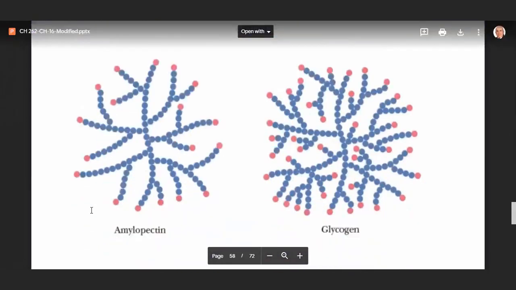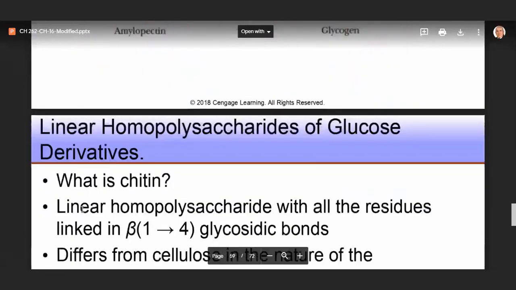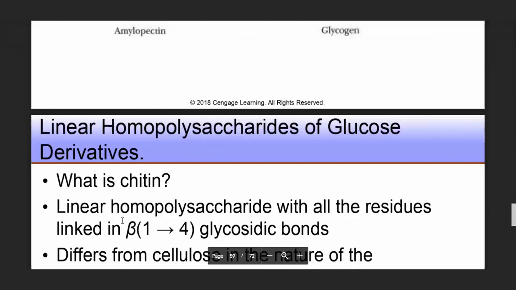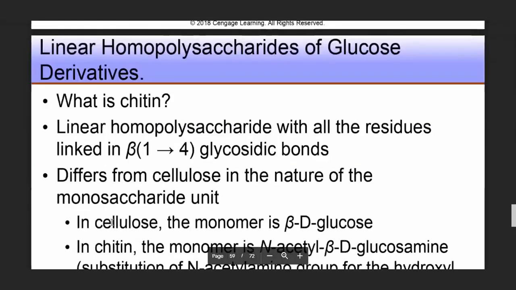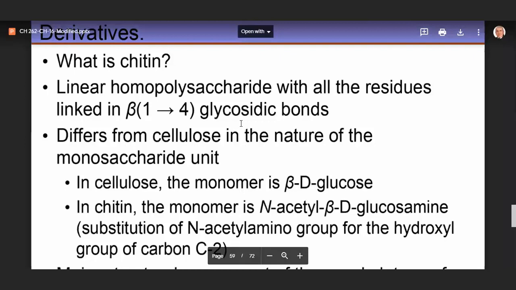Very good. Then after that, we go to the so-called linear homopolysaccharide of glucose derivatives. What is chitin? Chitin is a linear homopolysaccharide with all the residues linked by beta 1,4 glycosidic bonds, and it differs from cellulose in the nature of the monosaccharide unit.